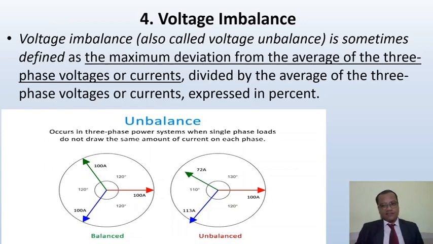Voltage imbalance is another power quality event, that is the maximum deviation from the average of the three-phase voltage or current, divided by the average of the three-phase voltage or current, expressed as a percentage. A very simple technique to understand voltage imbalance is the phasor diagram: normally all three phases are apart from each other by 120 degrees. But if they are not apart from each other by exactly 120 degrees, then obviously there is an unbalanced system.